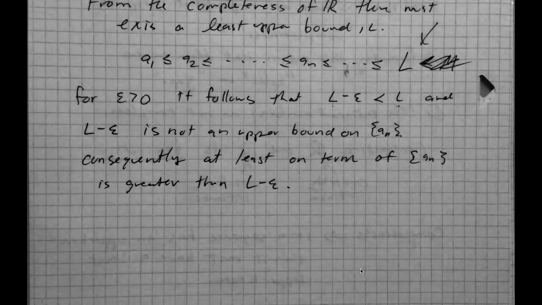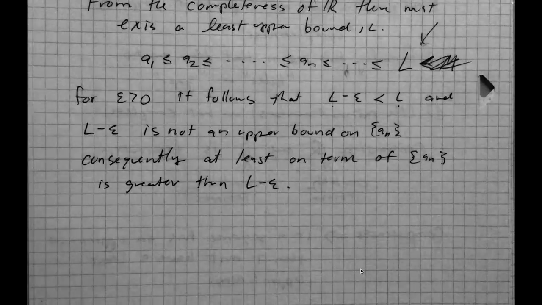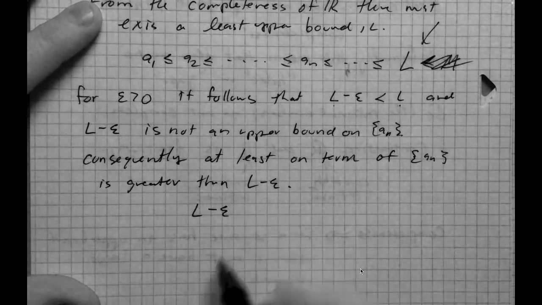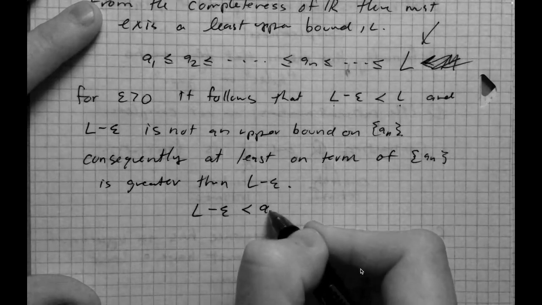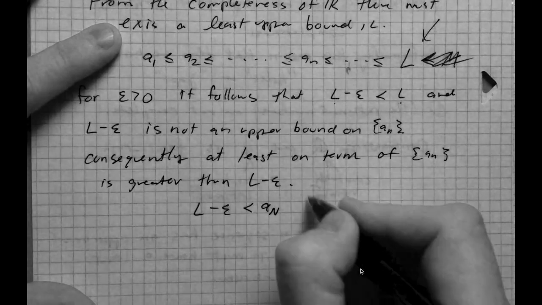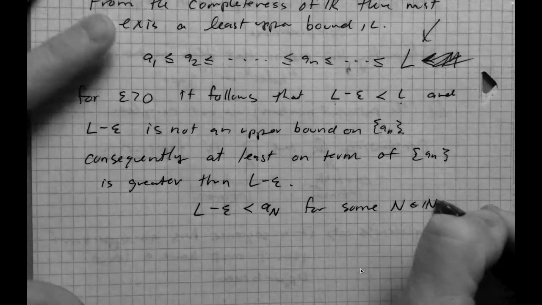The fact that L minus epsilon is not an upper bound on the sequence means that some term of the sequence is greater than it. That's kind of by definition. To write that a little more concisely, we might say L minus epsilon is less than A_N, with a capital N, for some natural number.